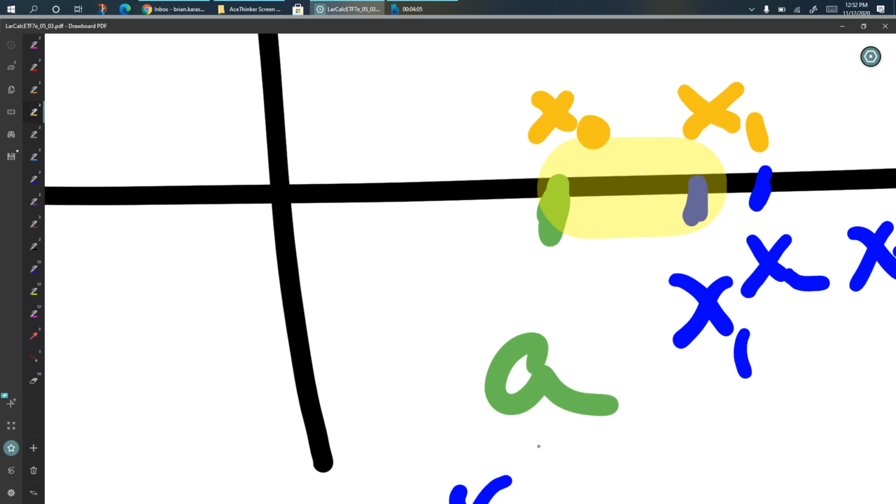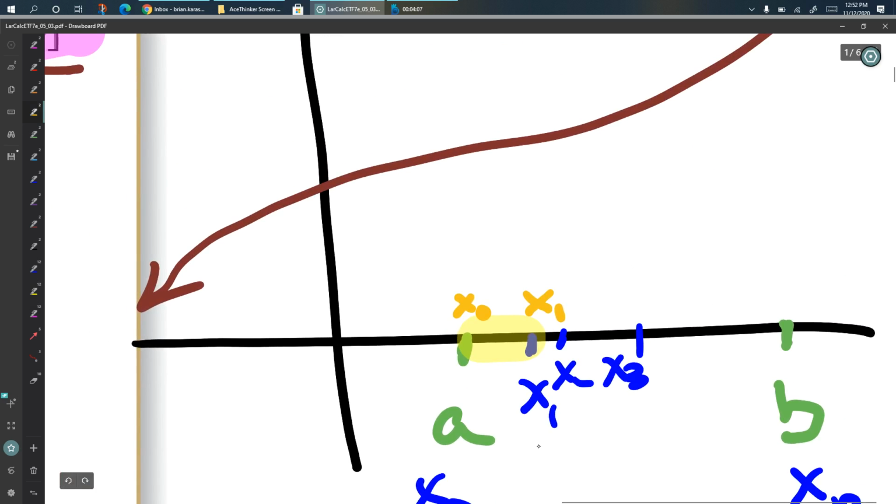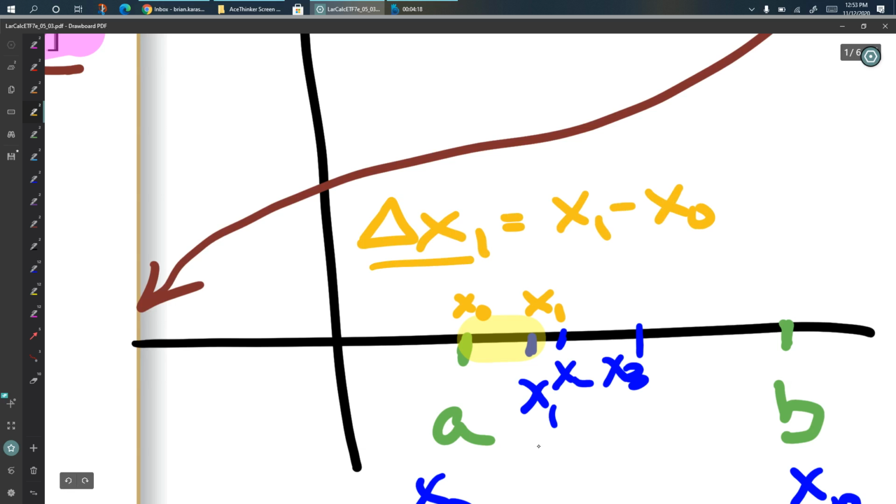So the width of that interval, that's going to be delta x sub 1, and that is going to be x sub 1 minus x sub 0 to give us our width. It's the first interval, so we call it delta x sub 1. We find its width by doing the right-hand endpoint minus the left-hand endpoint.